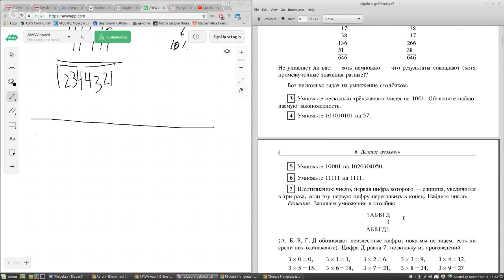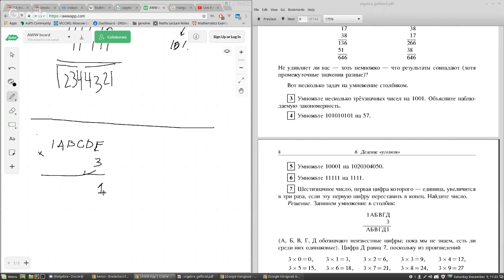So the next problem is maybe more interesting, a bit more challenging. We have a 6-digit number. I know the first digit is a 1. Then the other 5, I don't know, but here's what I know about them. We'll call this one A, this one B, this one C, D, and E. And now this number has been multiplied by 3, and the result is that this 1 has been moved.